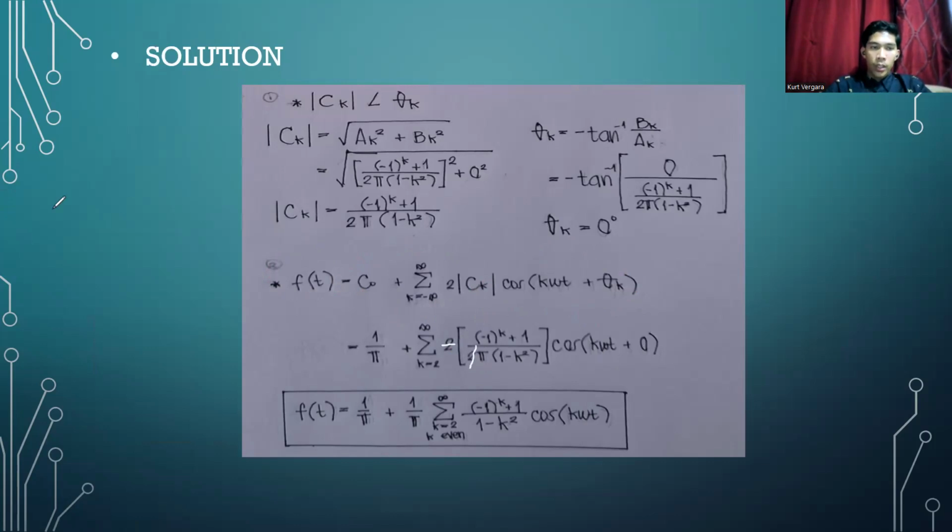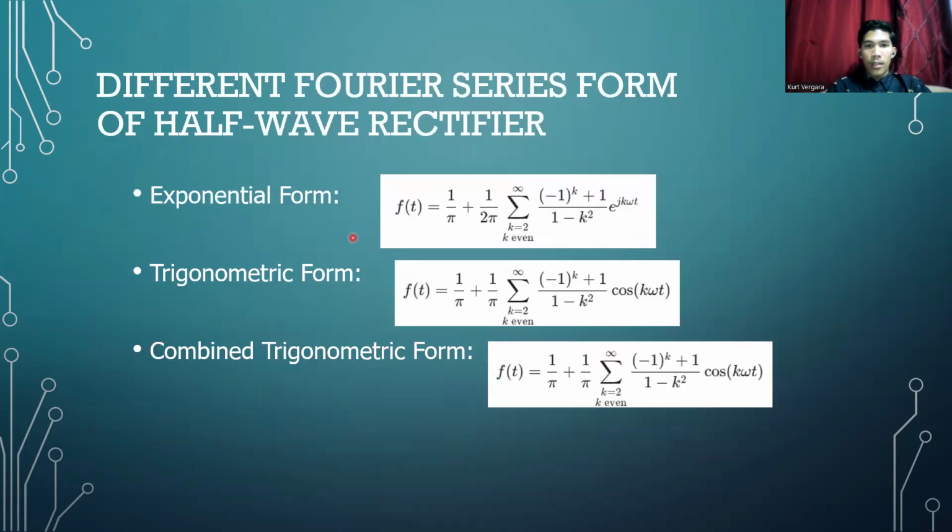So our combined trigonometric form is this one. So we are done in the first part. Just going to erase it. So these are the different Fourier series forms of the half-wave rectifier: the exponential form, the trigonometric form, and the combined trigonometric form.